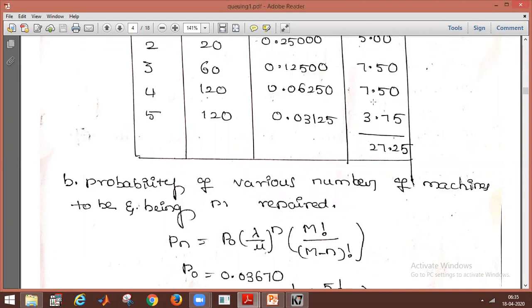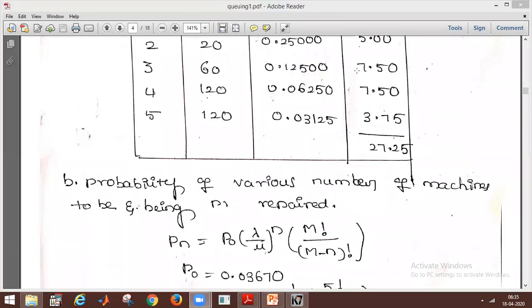So what is the next value calculated? The probability of various numbers of machines being repaired. Which formula is written for this?